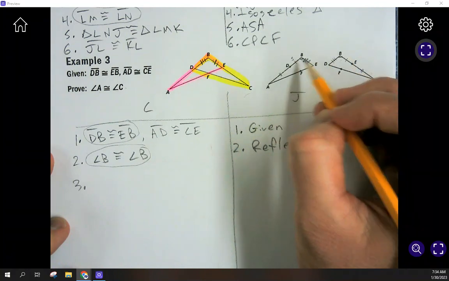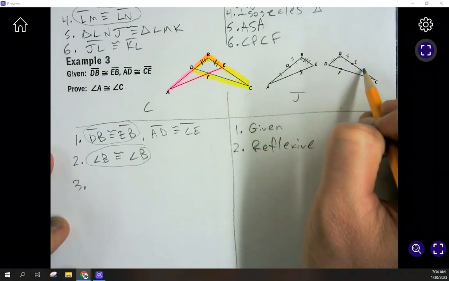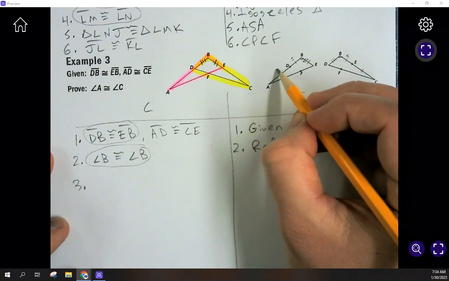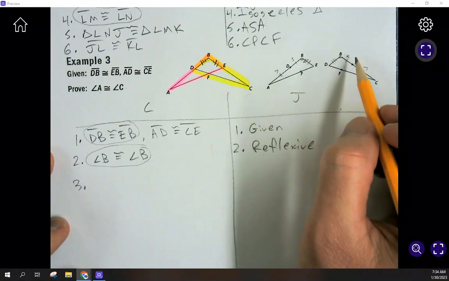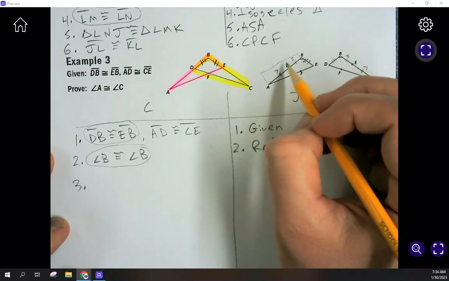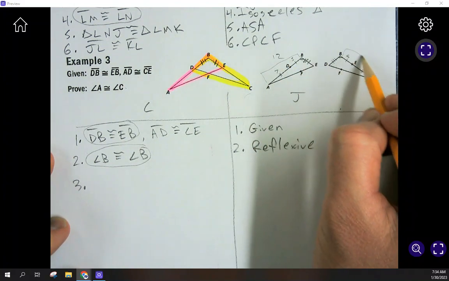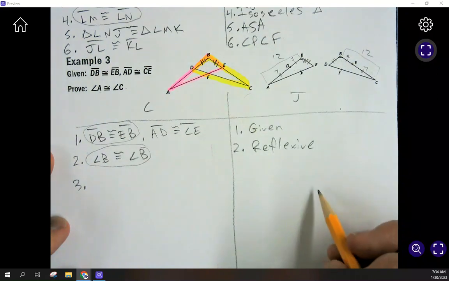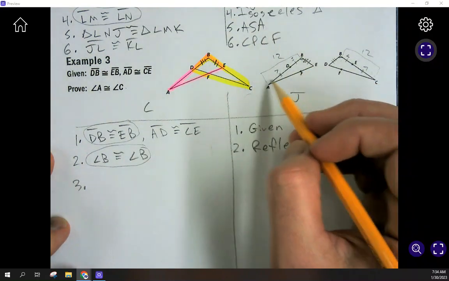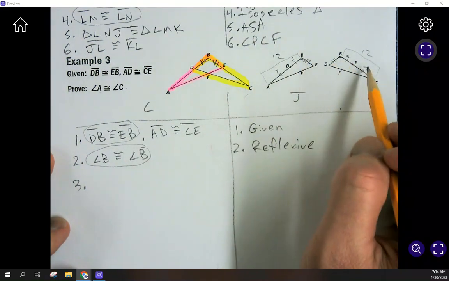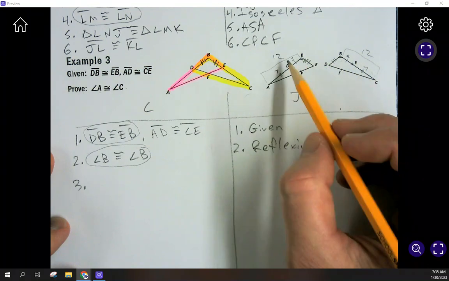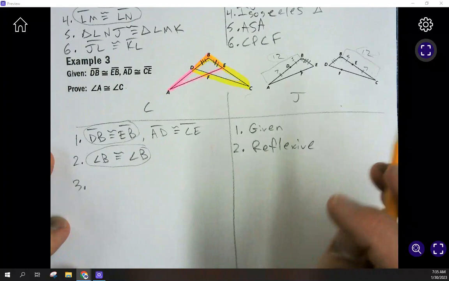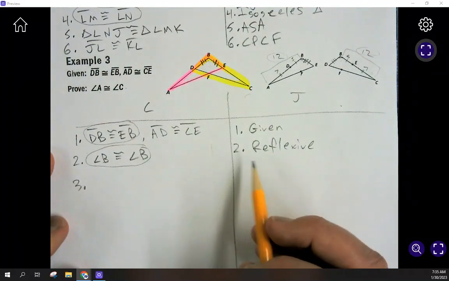Let's pretend it's 5. I know this piece equals this piece. Let's pretend it's 7. If these two are equal and these two are equal, I know if I combine these, it's 12, and if I combine these, it's 12. So while I don't know that they're 5 and 7, I do know that these two pieces are equal and these two pieces are equal. Therefore, if I add them together, their sum must be equal. So I am allowed to make this jump.